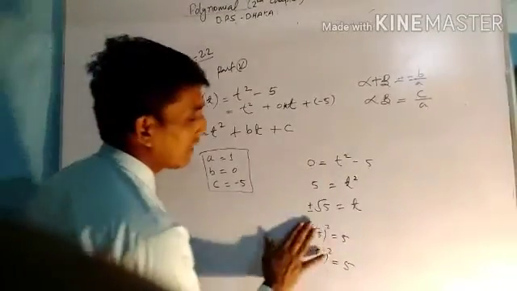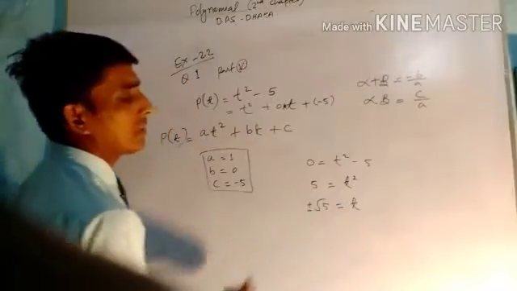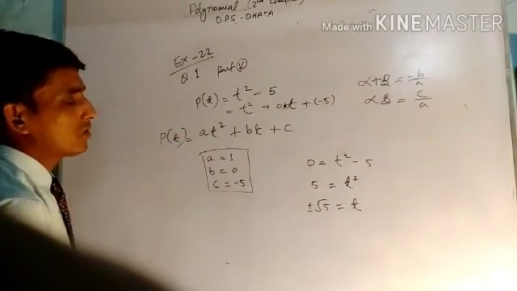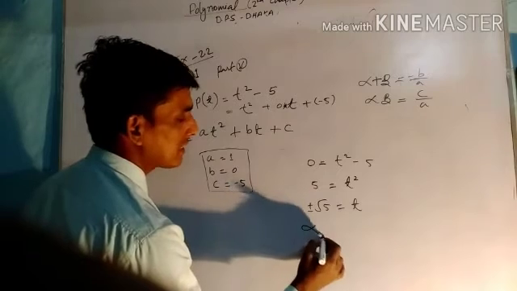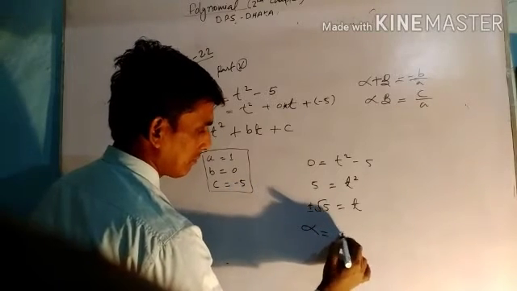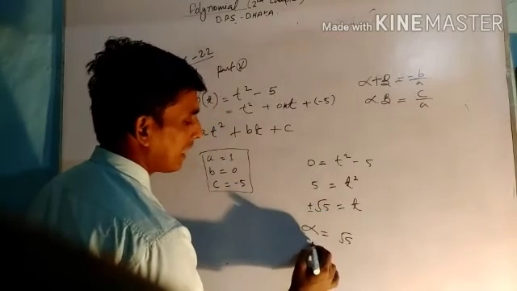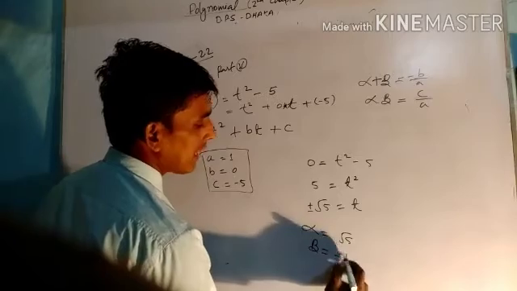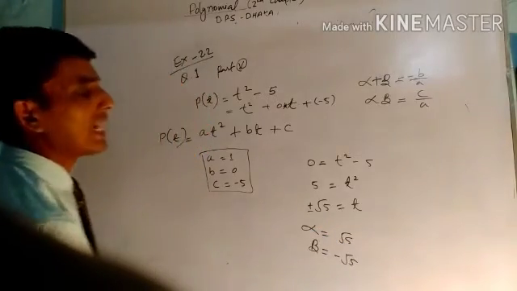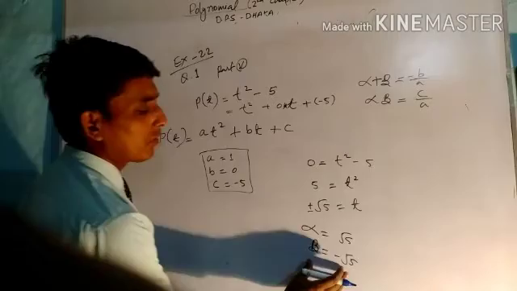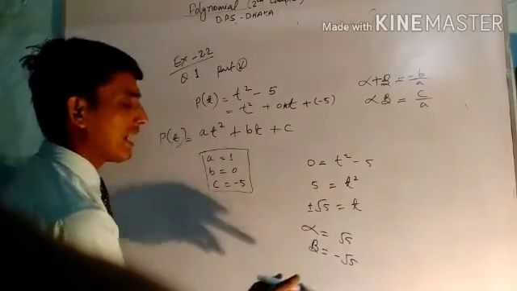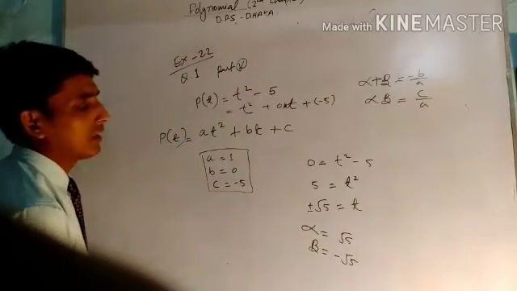Therefore here we have t is equal to plus minus root under 5. So we have got two roots of the equation. Alpha is equal to root under 5 and beta is equal to minus root under 5. So directly we have solved this polynomial, and we have got two roots, that is root under 5 and minus root under 5.